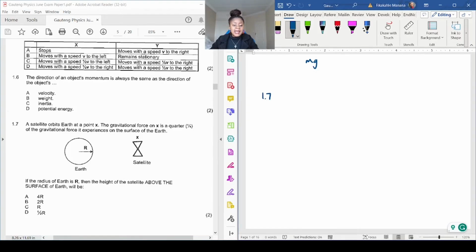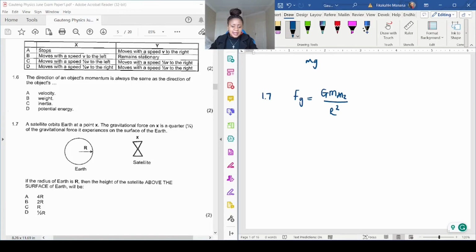Okay, so if the radius of the Earth is r, then the height of the satellite above the surface of the Earth will be, okay, so what comes to mind is the equation, gravitational force is equal to that constant, big G, and then mass of one, mass of the other over r squared. Okay, this time let's just use a big R because that's what we're being referenced to.